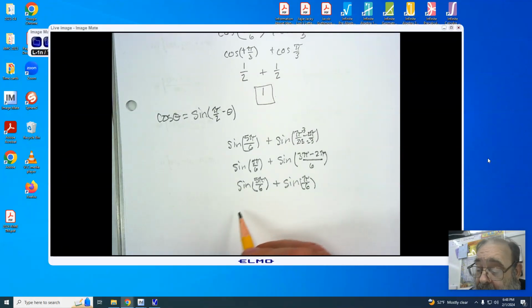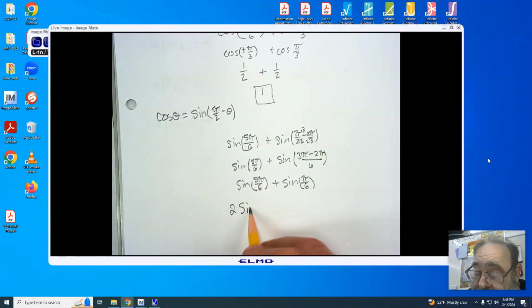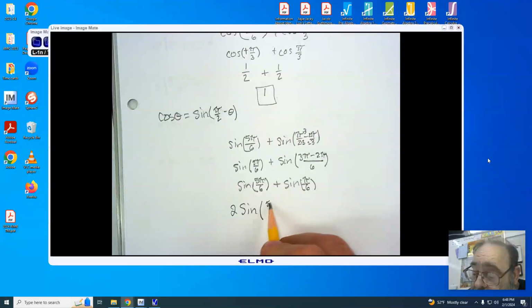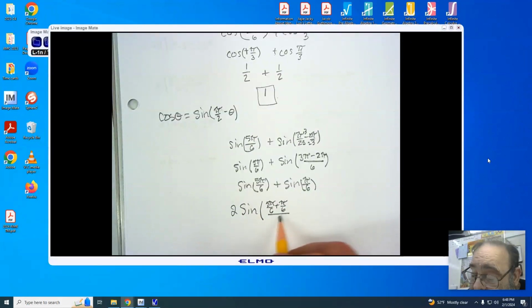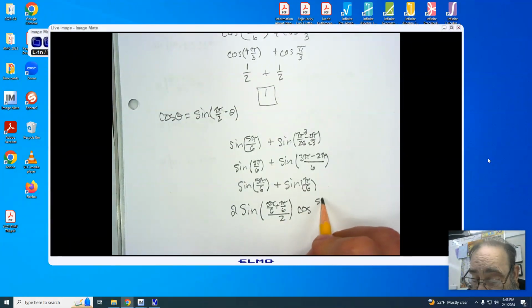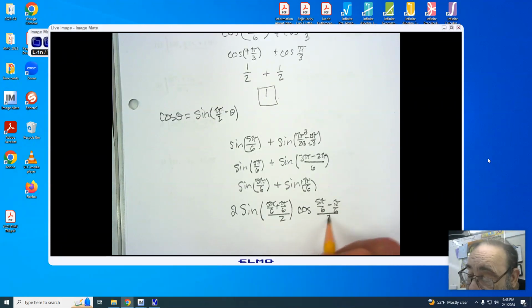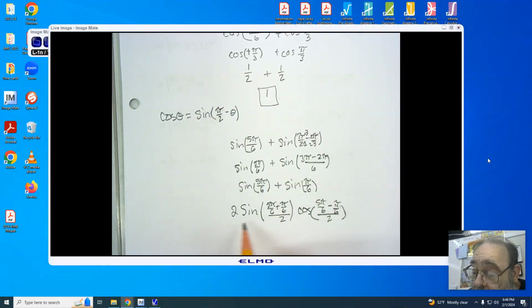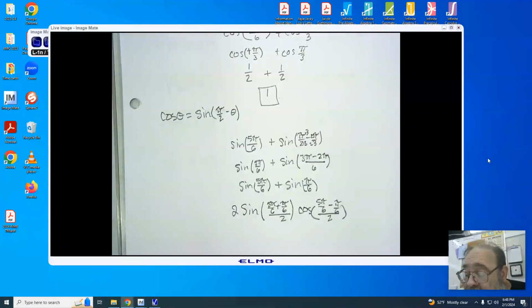And I'm now going to have 2 times the sine of 5 pi over 6 plus pi over 6 divided by 2, times the cosine of 5 pi over 6 minus pi over 6 divided by 2. When we add 5 pi over 6 plus 1 pi over 6, we get pi. So the sine of pi divided by 2 times the cosine.